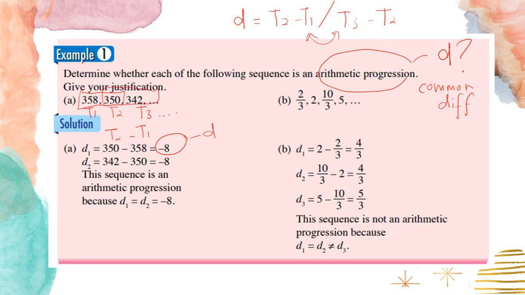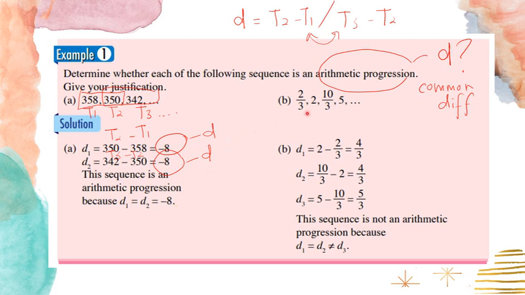T3 minus T2, 342 minus 350, you will also get -8. This means that the difference is the same, right? So the sequence is an arithmetic progression because D1 is equal to D2, which is equal to -8.